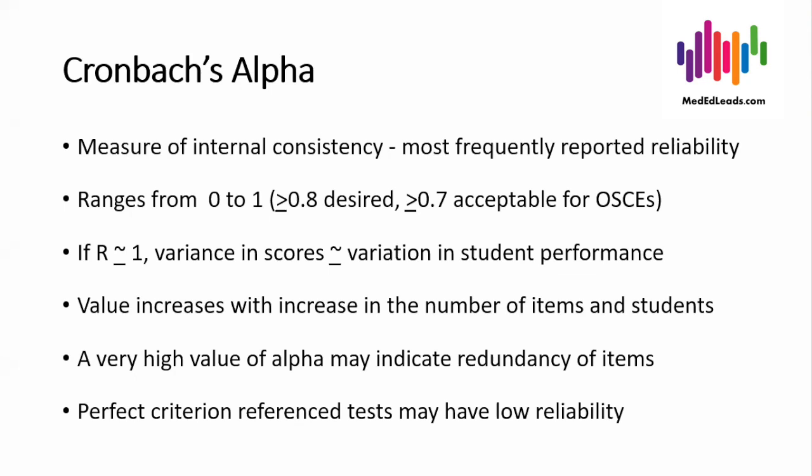So if reliability is higher, it is an indicator that there is a higher chance that the variation is only due to student performance. One catch, one limitation of Cronbach alpha is that the value increases with the increase in the number of questions and number of students.